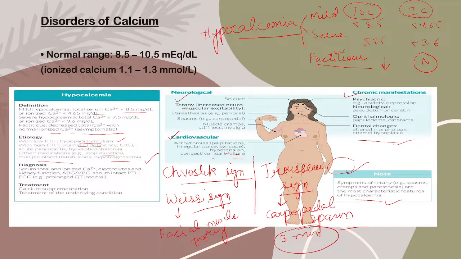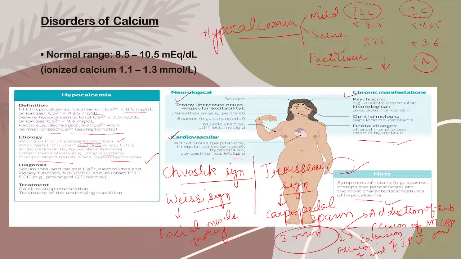First would be adduction of the thumb. Next is flexion of the metacarpophalangeal joint, then extension of the interphalangeal joint, and the last one is flexion of the wrist.